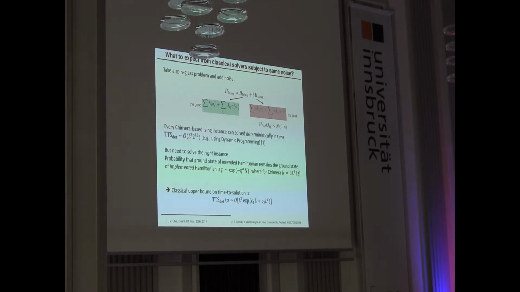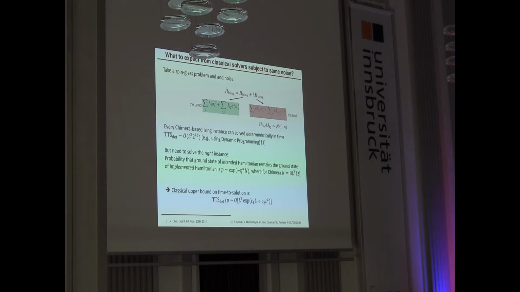So the time that it would take you to deterministically solve and find the ground state that you actually wanted is the deterministic time, 2 to the 4L, divided by the probability that you had the right ground state to begin with. So the classical upper bound on the time to solution basically scales like e to the L squared. You never have to work harder than e to the L squared classically.